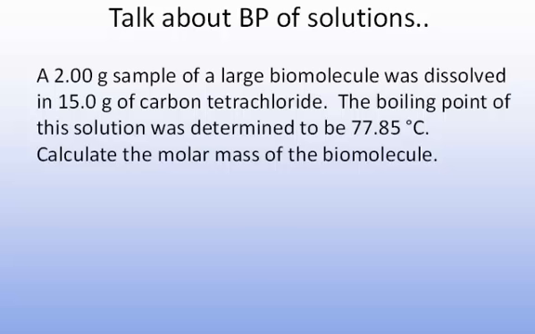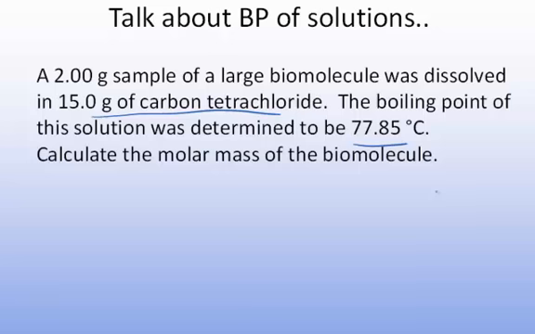In this particular example, a 2-gram sample of a large biomolecule was dissolved in 15 grams of carbon tetrachloride, a common solvent. The boiling point of this solution was determined to be 77.85 degrees Celsius. Calculate the molar mass of the biomolecule. Okay, now we're going to use the boiling point elevation data to calculate the molar mass of the biomolecule.